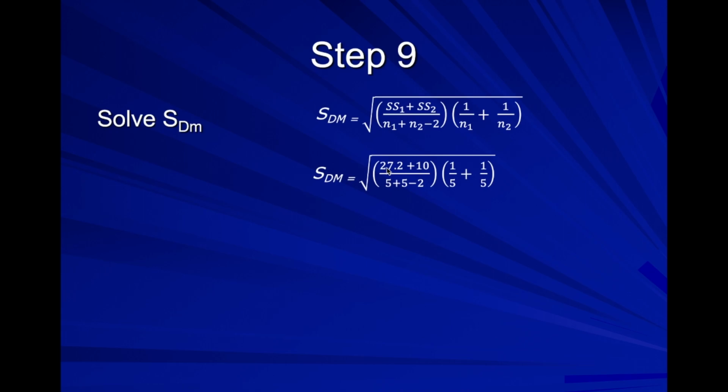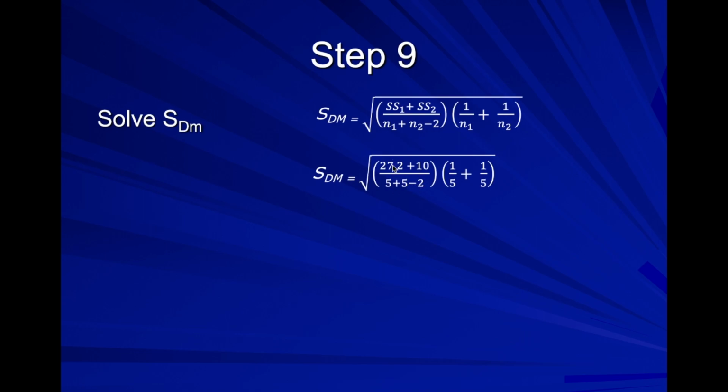First, take 27.2 and add 10 to it. Then you solve for the denominator in this fraction. 5 plus 5 minus 2 is 8.